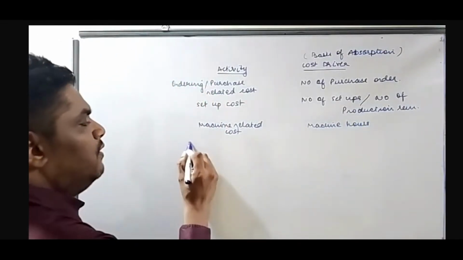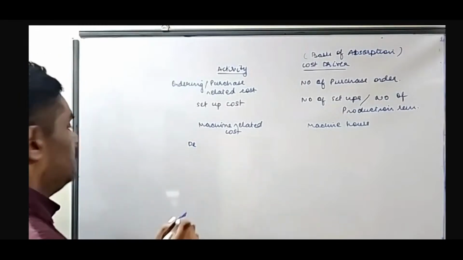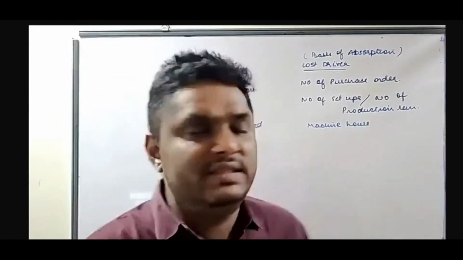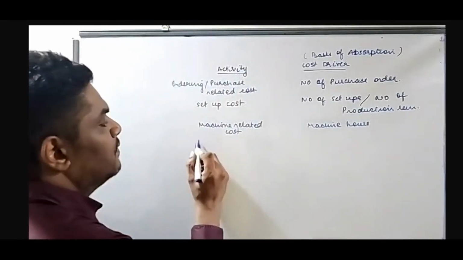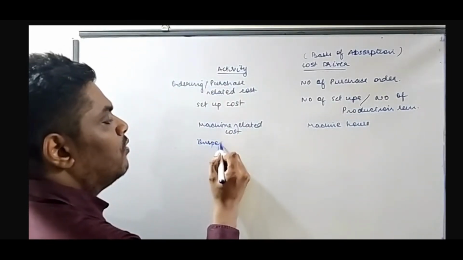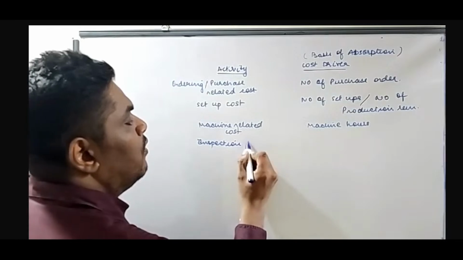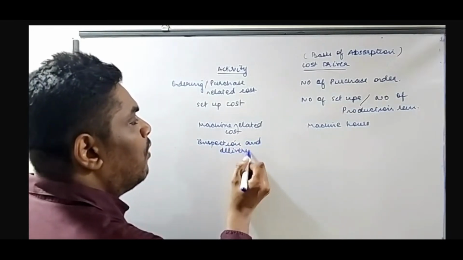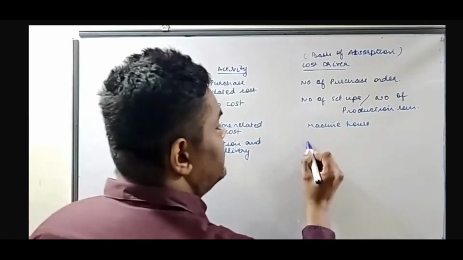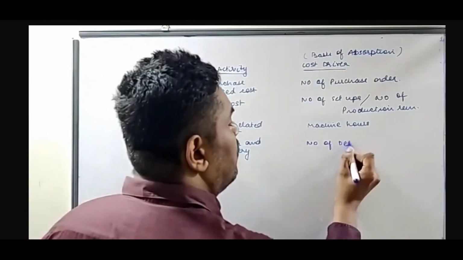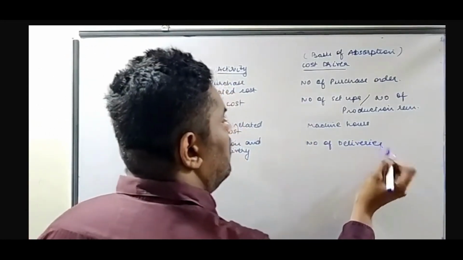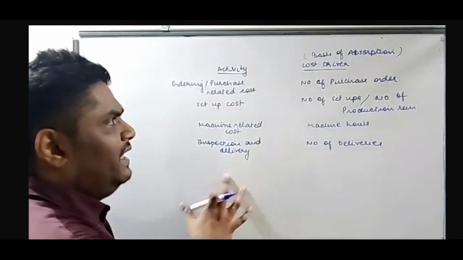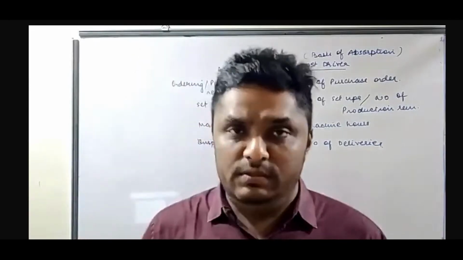Delivery and inspection, or we can say inspection and testing cost, can be absorbed on the basis of number of deliveries. So these are a few examples. So this will be the activity and this will be the basis of absorption.